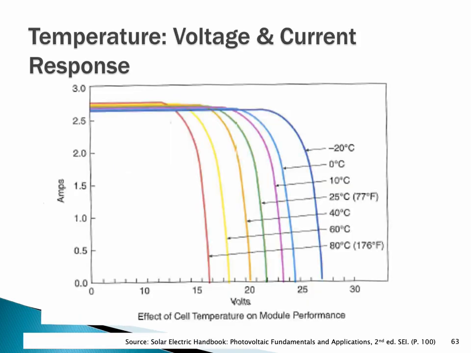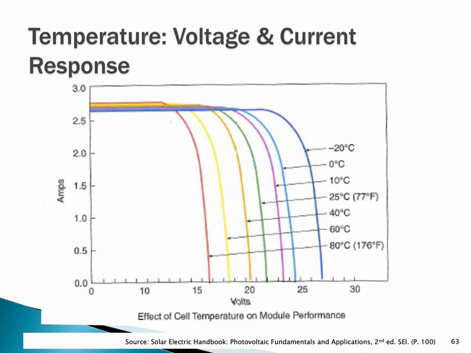Here are some more temperatures. The higher the temperature, the lower the voltage. Standard test conditions is 25 degrees C or 77 degrees Fahrenheit, but what we're talking about is cell temperature, not ambient temperature. It's not uncommon to see a cell temperature of 140, 160, maybe even up to 180 degrees Fahrenheit.